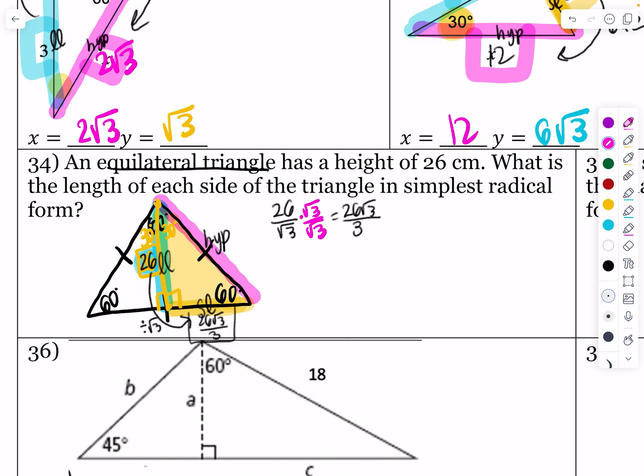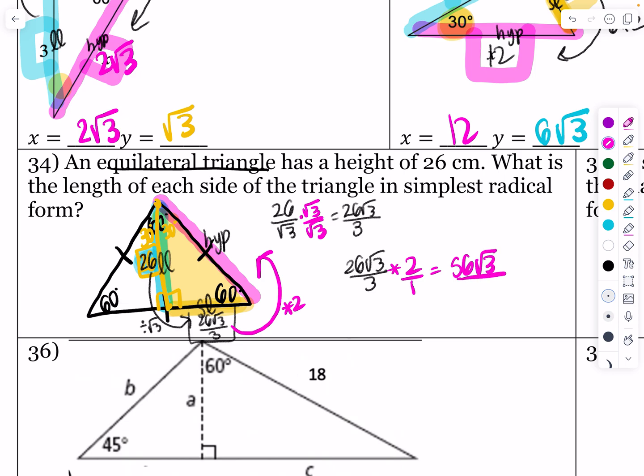So how do I go to my hypotenuse? I'm going to multiply by 2. So I'm going to take 26 root 3 over 3, and I'm going to multiply that by 2. If you need a quick reminder on those rules for multiplying, you can put that over 1 if you need to. This is going to be 26 times 2. 26 times 2 is going to give me 56.